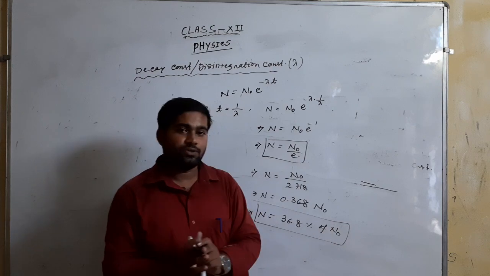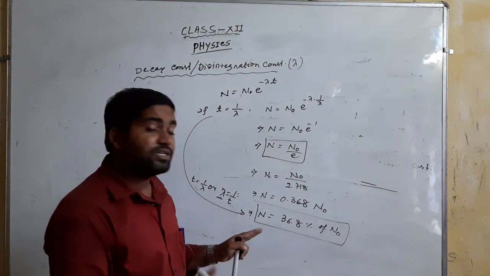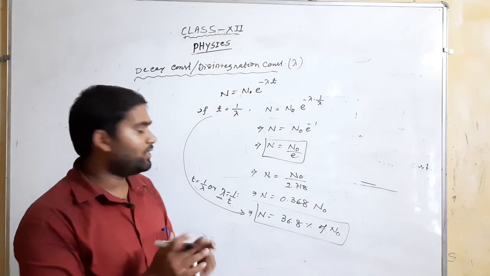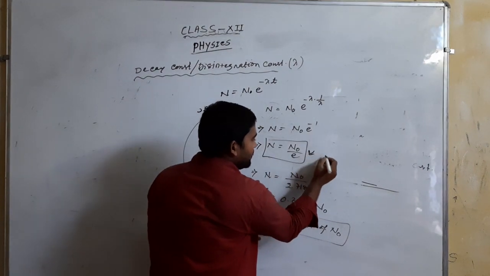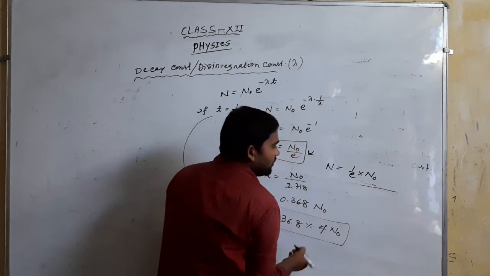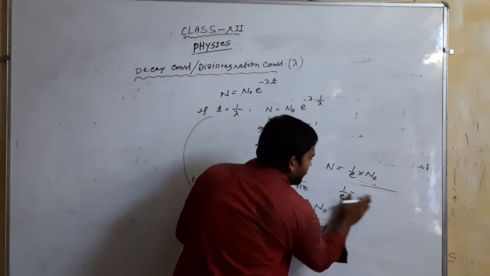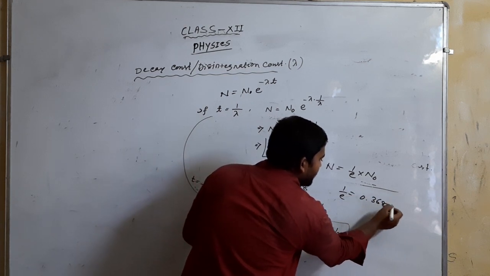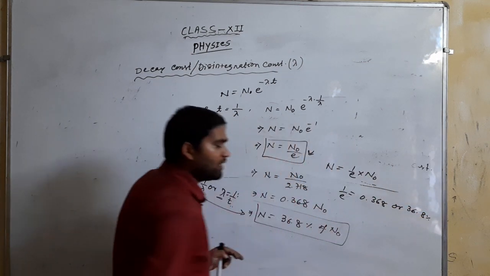36.8% of N naught, that means the decay constant is the reciprocal of time during which N equals 1 by e times N naught, or simply the 1 by e value is 0.368, or 36.8%.